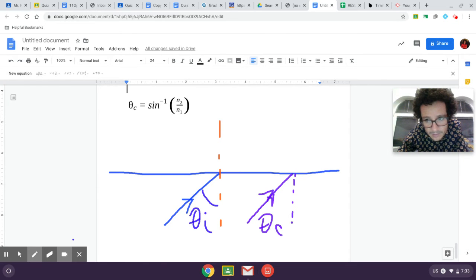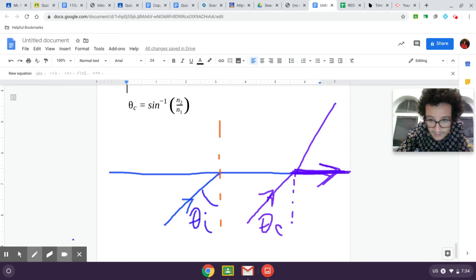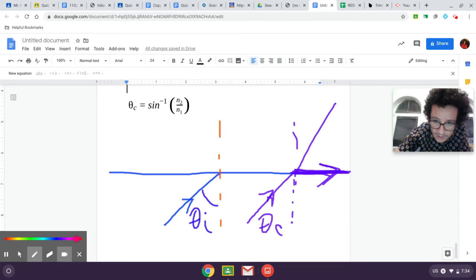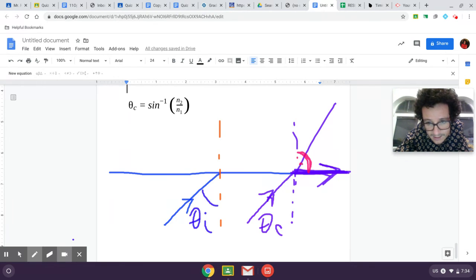And remember, how can we get to total internal reflection? The critical angle is when the refracted ray is right on the surface, parallel to the surface. It's not going like that anymore, but it's going there. So which angle is it making with the normal? The normal goes this way too. Let's change the color. The angle with the normal is that one. That's 90 degrees. Okay, we're looking this way.